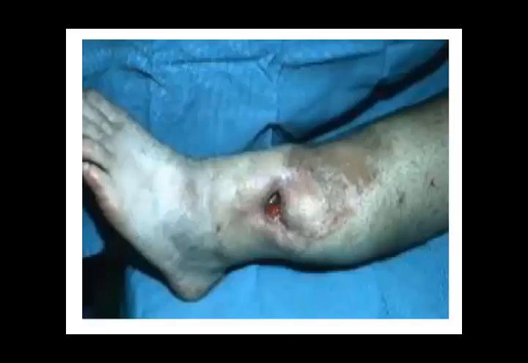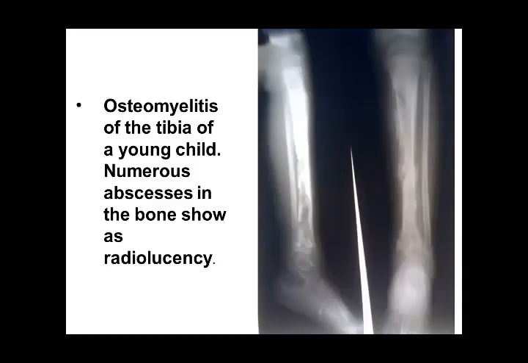So it is osteomyelitis because the wound is actually communicating with the exterior and there is some infection. Here, a young child with osteomyelitis of the tibia. Numerous abscesses of the bone show as radiolucencies. It looks like a fracture, but it is osteomyelitis.